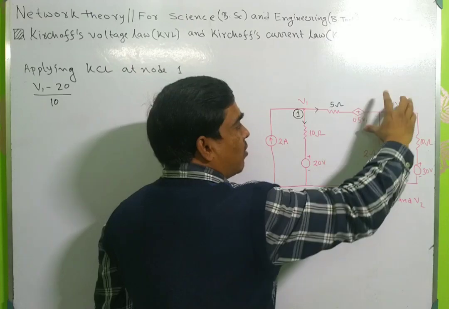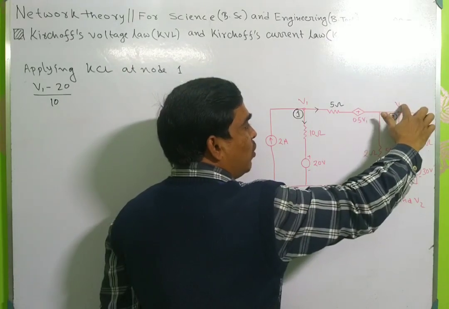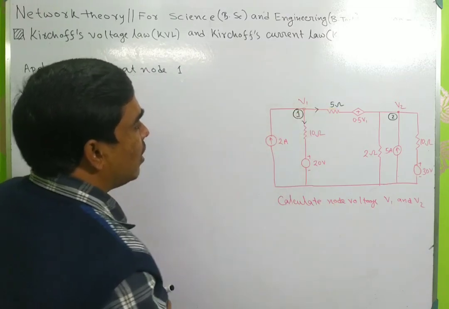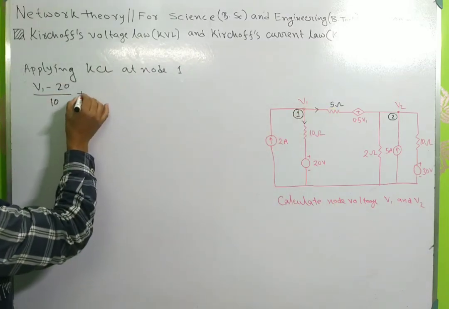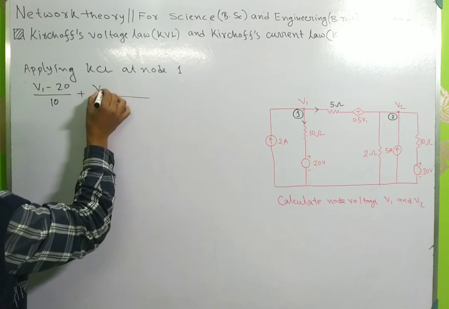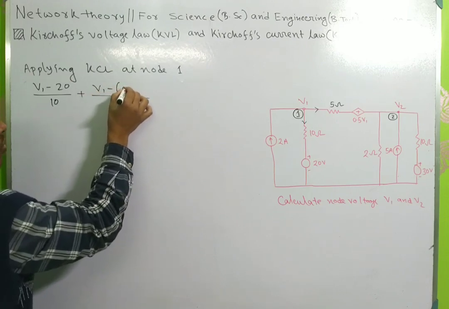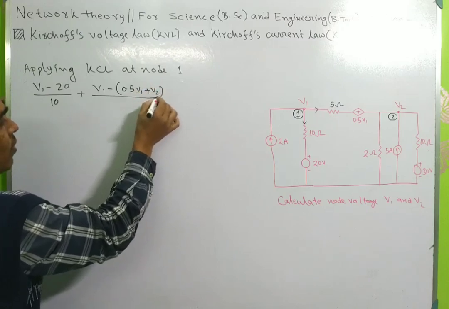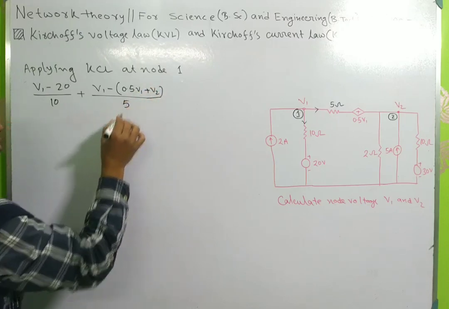So this is plus, so total voltage is V2 plus 0.5 V1. So current through this direction will be V1 minus 0.5 V1 plus V2, divided by 5.